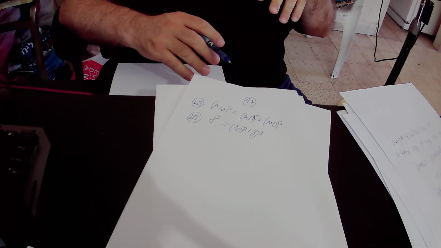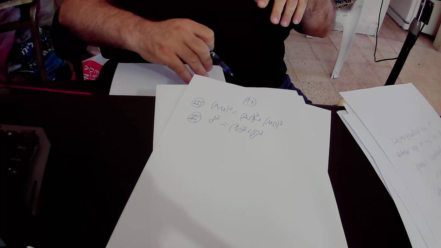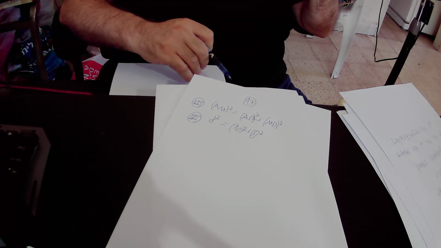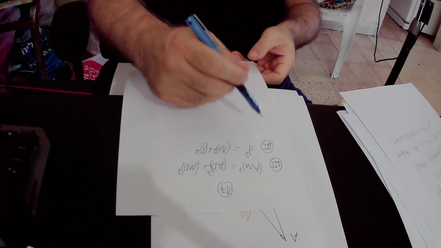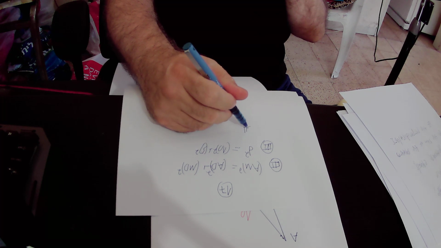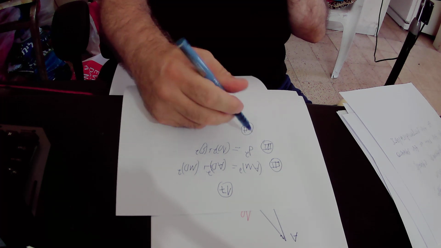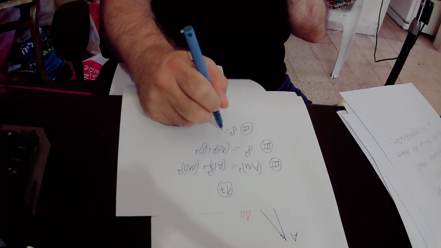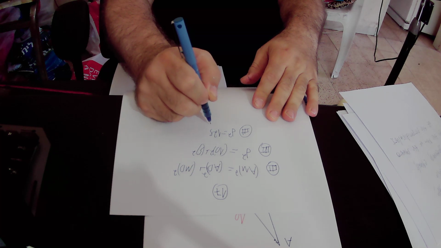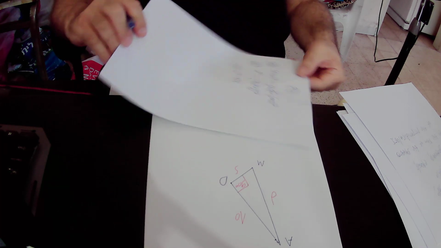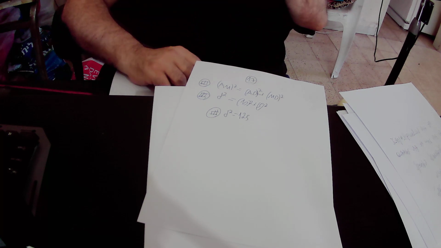10 square is 100, 5 square is 25, 100 plus 25 is 125. So I write it down. So we got that D square equals 125. Now we'll take a root of equation number 3.